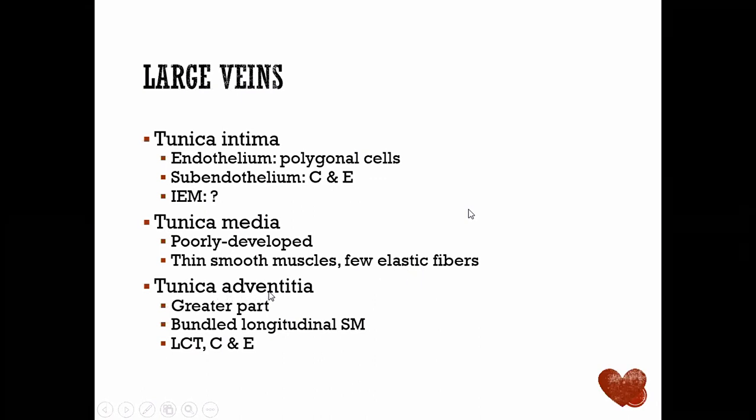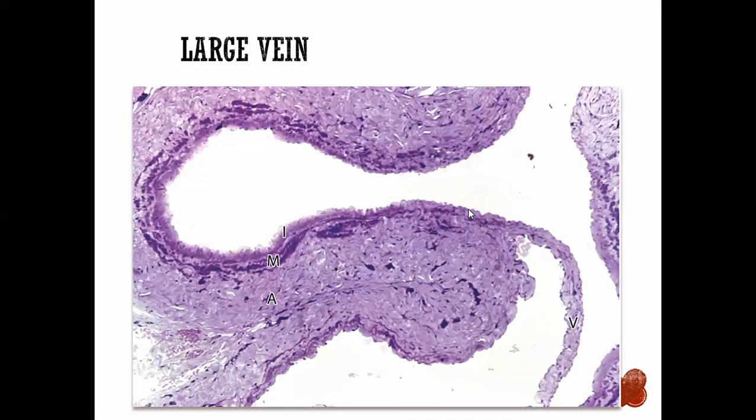Tunica adventitia is the greater part, the big part, with bundles of longitudinal smooth muscle and loose connective tissue. And you have some connective and elastic fibers. There you are, a large vein: the intima, the media, the adventitia.